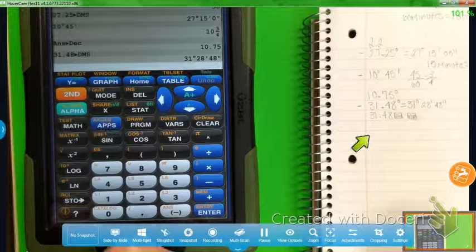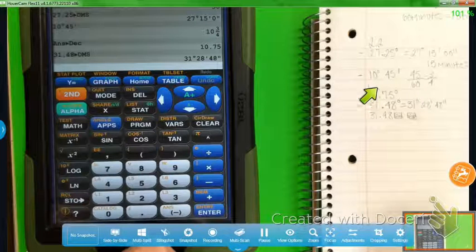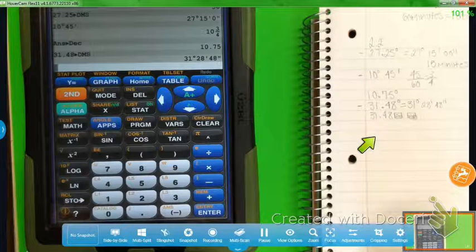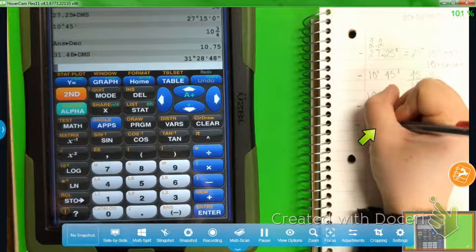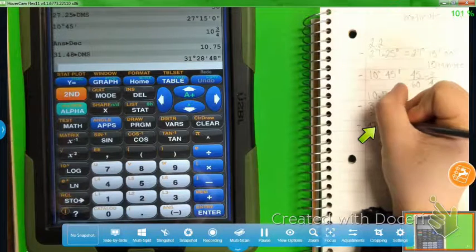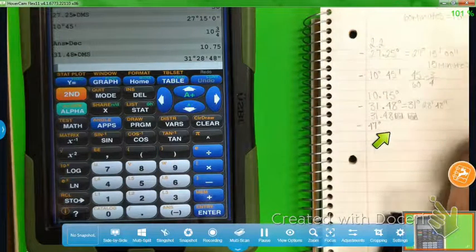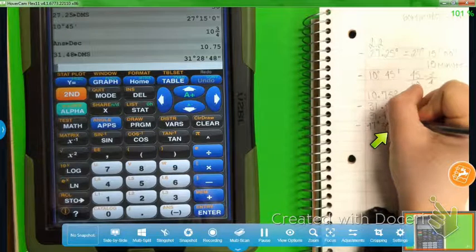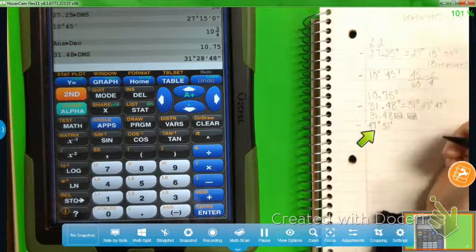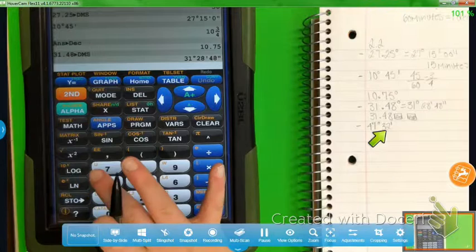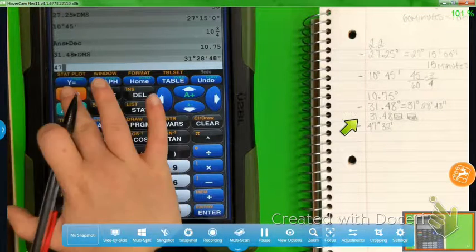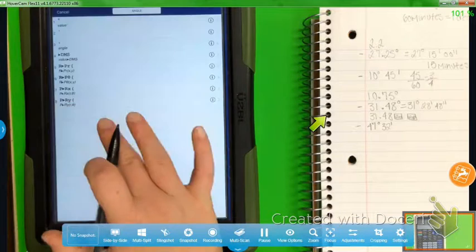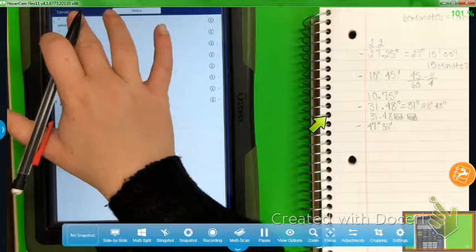All right, now the other way around. Now let's do one like this. So let's do, I don't know, how about 47 degrees and 32 minutes. 47 degrees, 32 minutes. All right, so in your calculator, you're going to want to type in a 47, and then you're going to want to hit second angle and the number 1, the degree symbol.